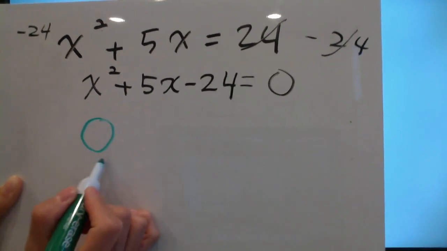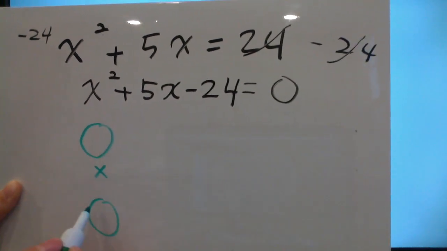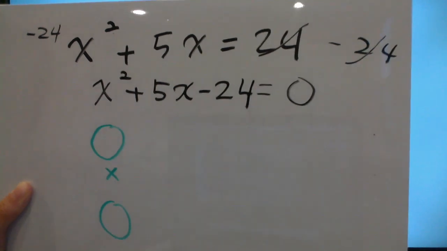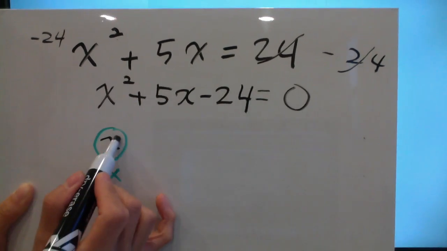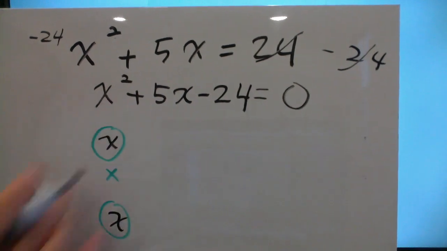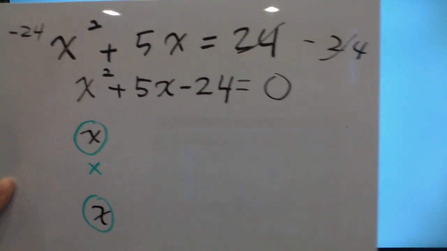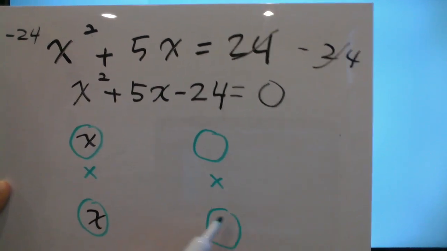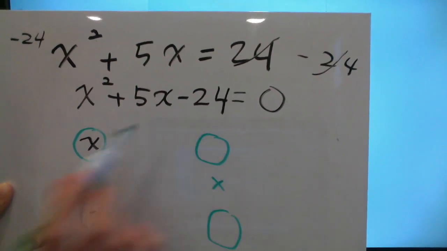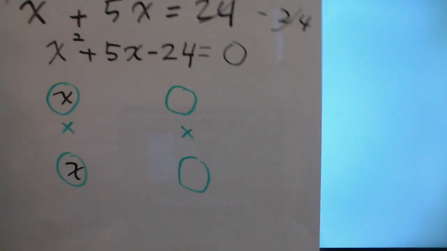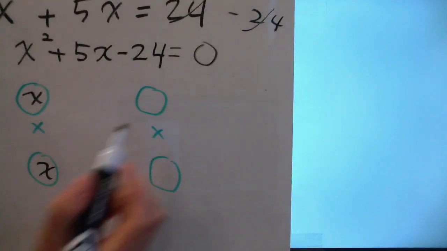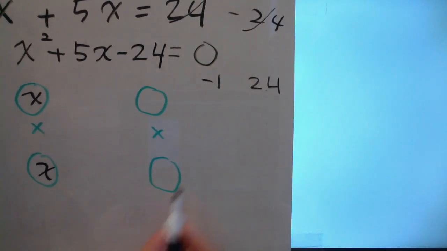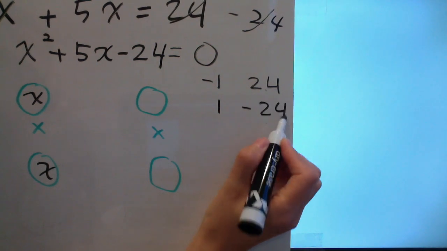We'll find two numbers. So two numbers, when you multiply it needs to be x squared. So I will put x and x. Because if you do 2x, it will be x squared, right? And then I will find two numbers that multiply, and then it will be negative 24. So let's find all the numbers that will make negative 24. So 1, 24, and then negative. Or 1, negative 24.